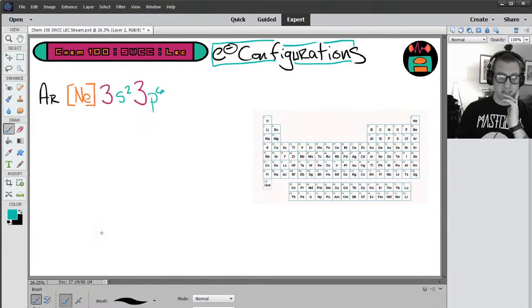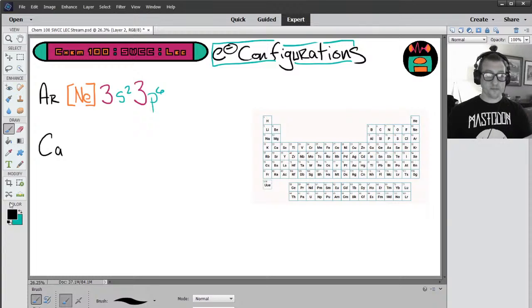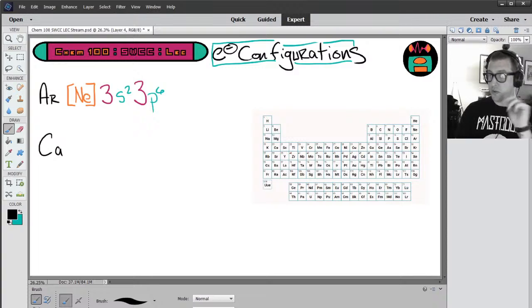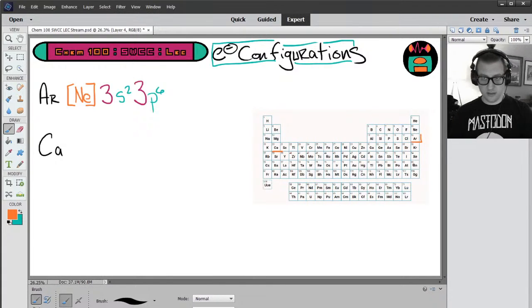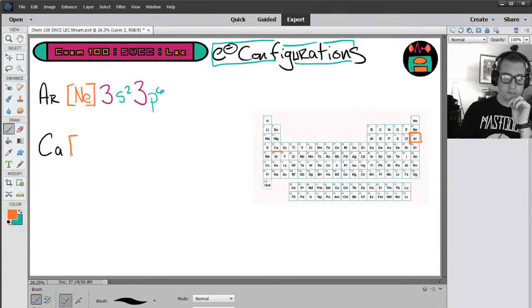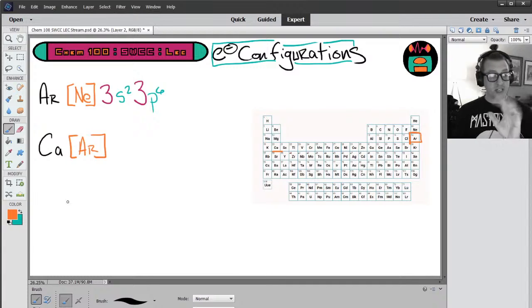Let's take a look at the electron configuration for calcium. I know we ended with this one, but we're going to do it again by way of review. So calcium is here. Its nearest noble gas is argon. So we're going to begin writing calcium's electron configuration by putting argon in a bracket because it has all the electrons of argon plus a few extras.